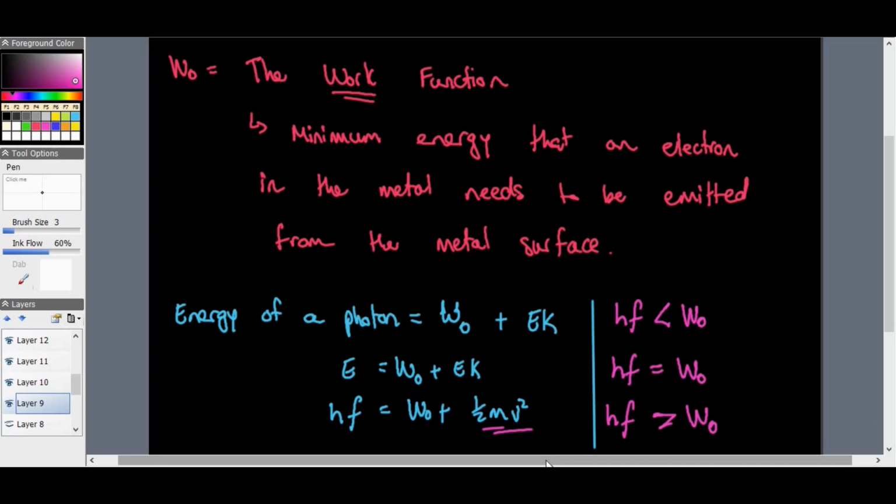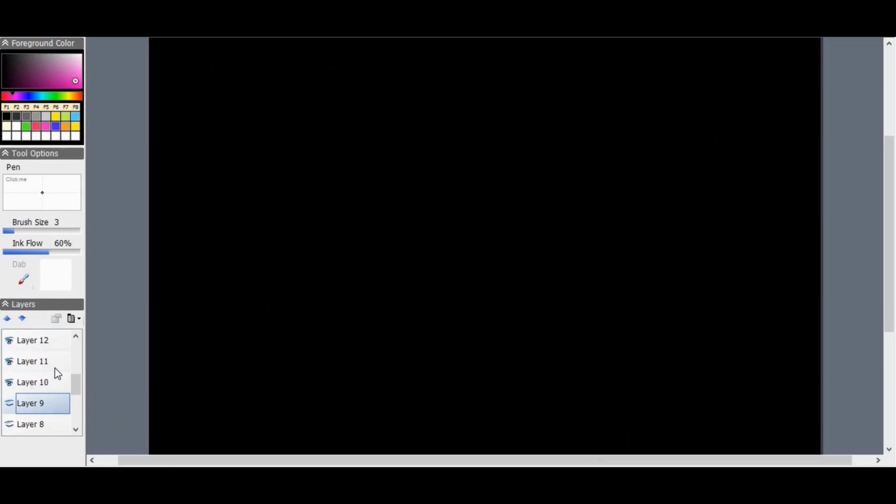Now, just as we have the work function, which is the minimum energy required, we also have another term that is known as threshold frequency. What is threshold frequency?